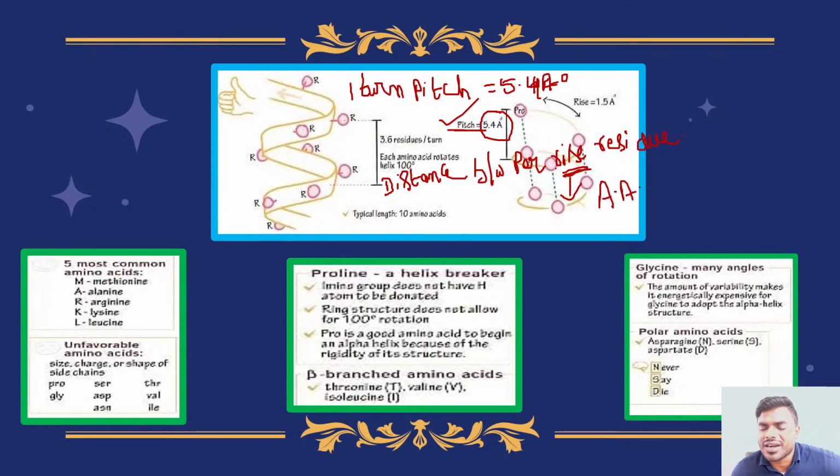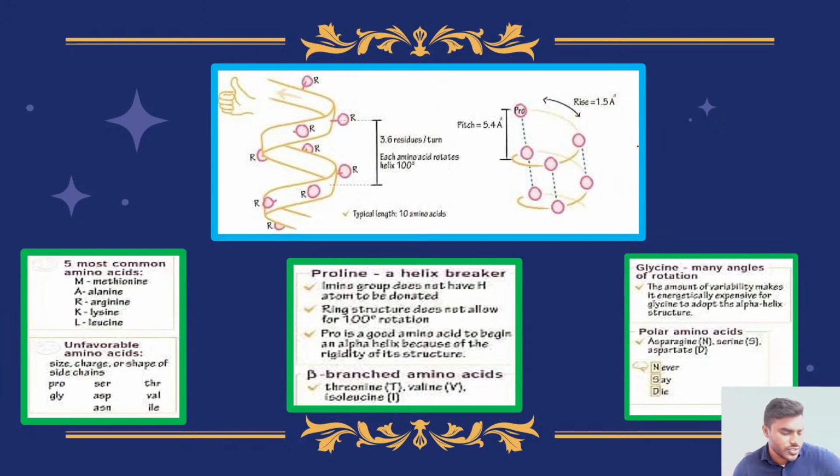One turn contains how many amino acids? 3.6 amino acids, we all know that. And what will be the pitch? 5.4. So friends, the distance between one amino acid and the next amino acid is 1.5 angstrom. That's what we call rise per residue. Okay, so don't get confused.